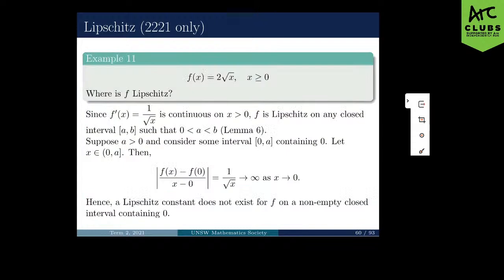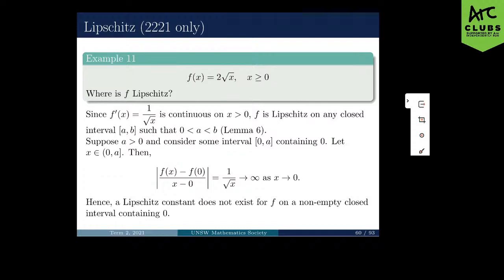So now let's go over a question that tests us on our understanding of Lipschitz. It asks whether this function f, given by f of x equals 2 root x, where x is greater than or equal to 0, asks us where f is Lipschitz. We can use the lemma that we just looked at, because we know that this is continuously differentiable everywhere except the point where x equals 0.